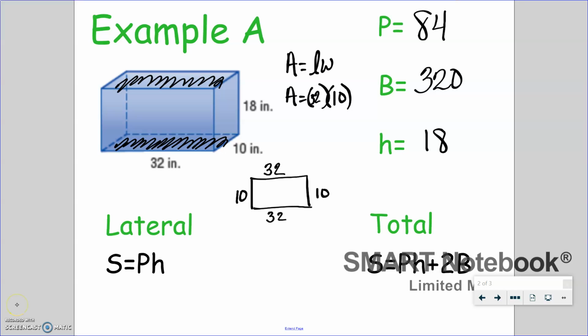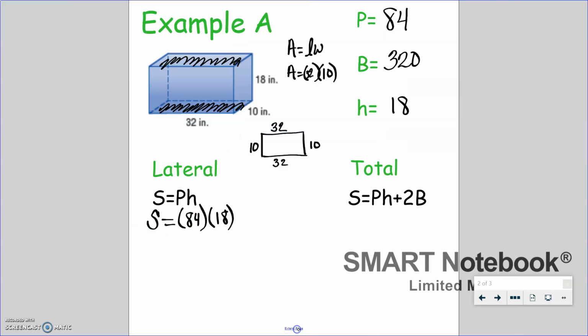So now I'm going to substitute my values in for lateral surface area. So I have surface area is equal to 84, because 84 is the perimeter of our base, times 18. 84 times 18. When I multiply those two numbers, and you can use your calculator, I get 1,512.